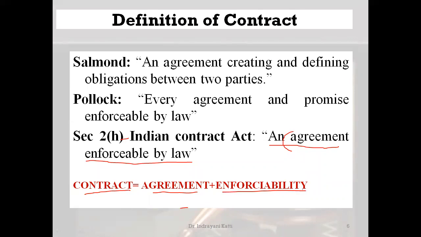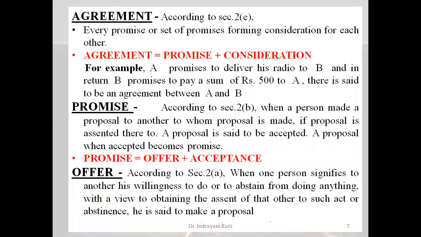Enforceability is where everything is legal, that is, the agreement is legal. Legality or enforceability gives a right as well as an obligation: a right to one person and an obligation on the other person. And if a party doesn't perform his duty, the other party has a right to go to a court of law to get justice. That's why we call it legality or enforceability.